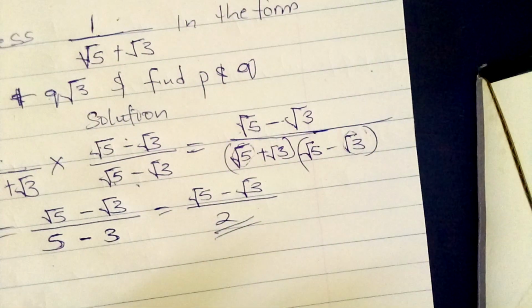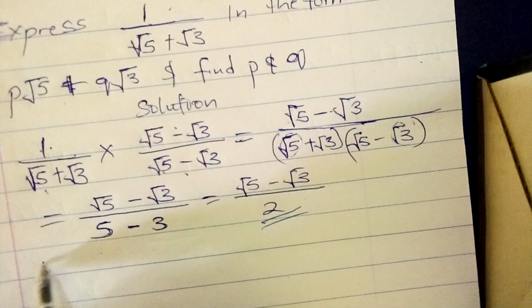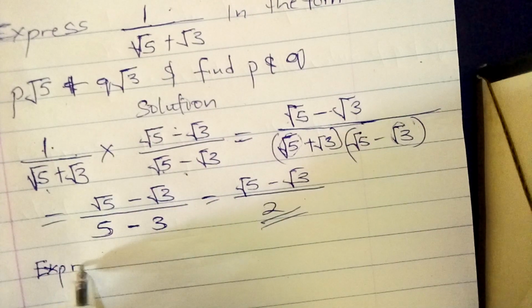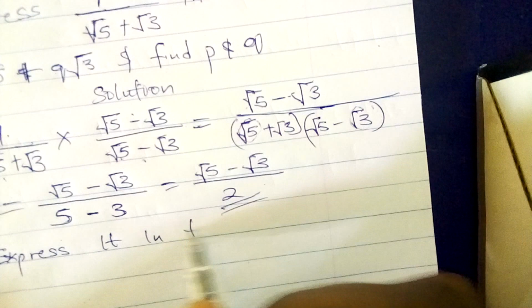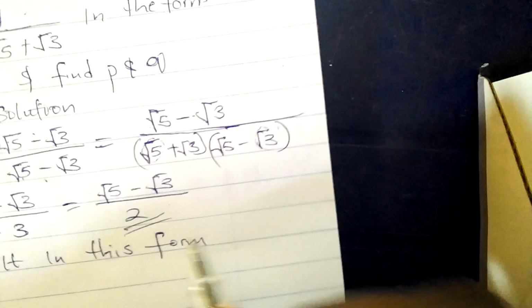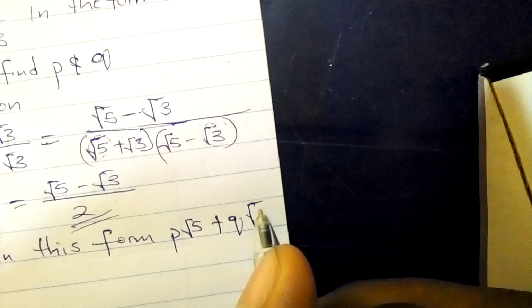But remember, they say we should express it in this form: p root 5 plus q root 3.